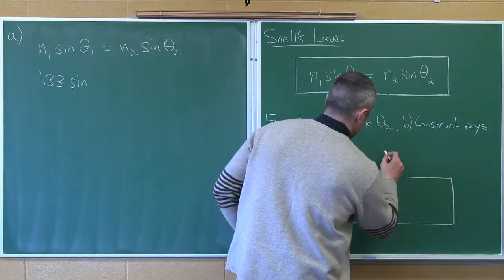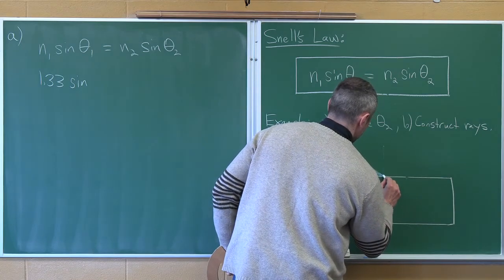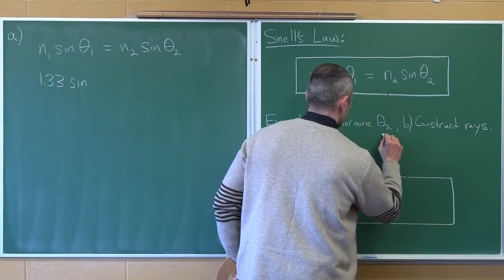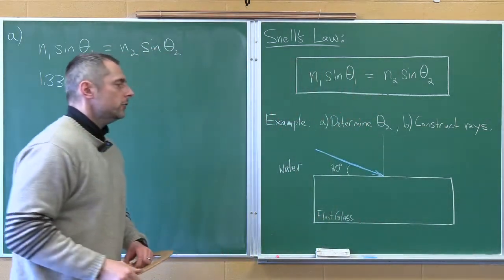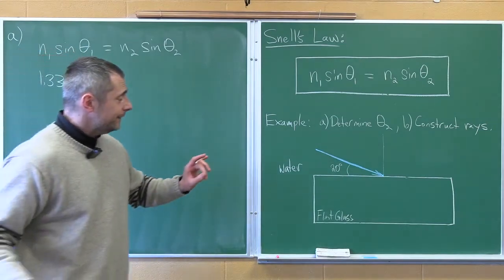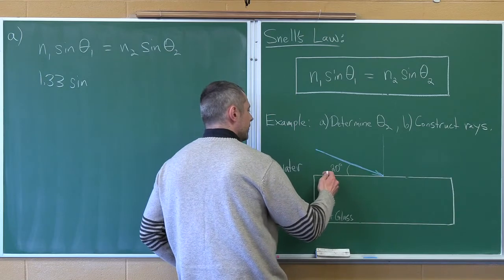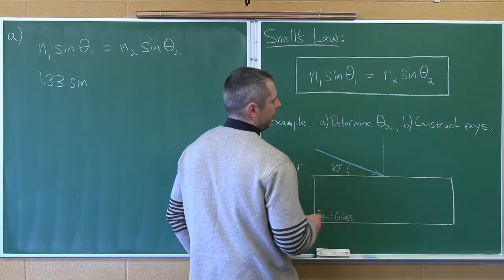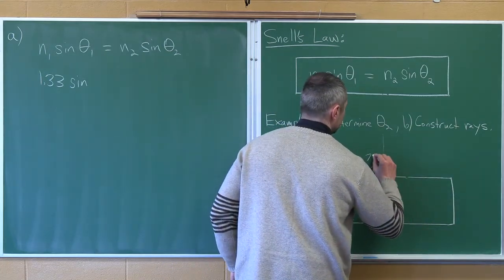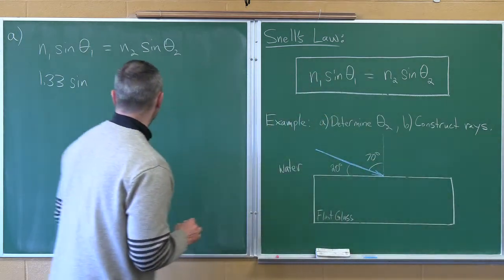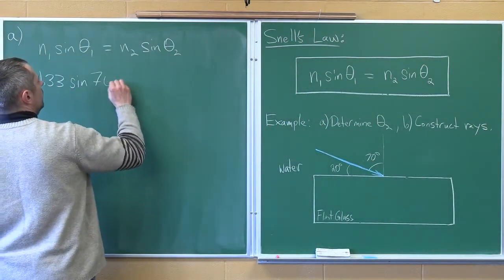So there's the normal. So I want the angle with respect to that line, not the surface. So this is 90 degrees. And if this is 20, that's the other part of 90. So that's 70 degrees. That is actually the number we plug into Snell's law.